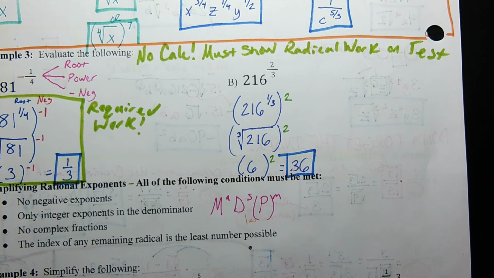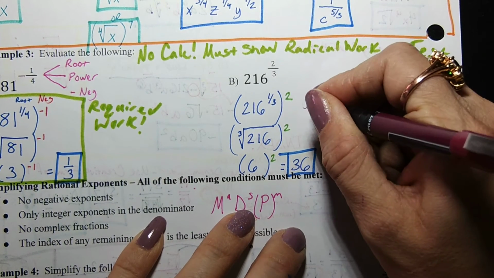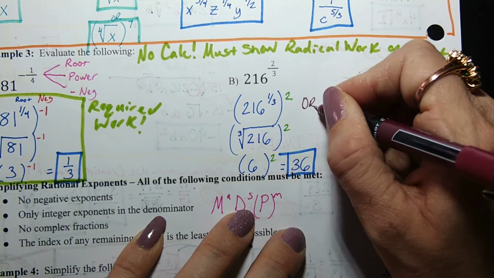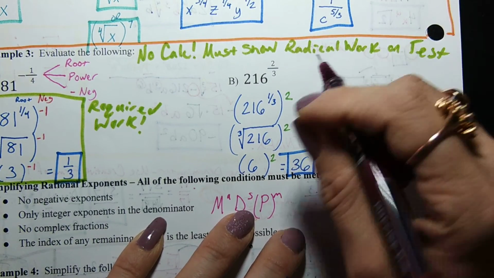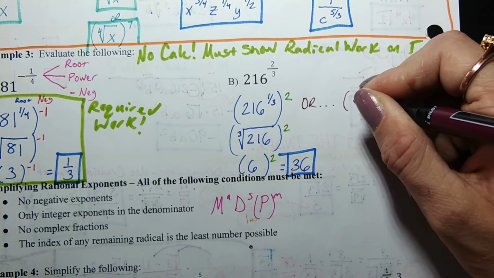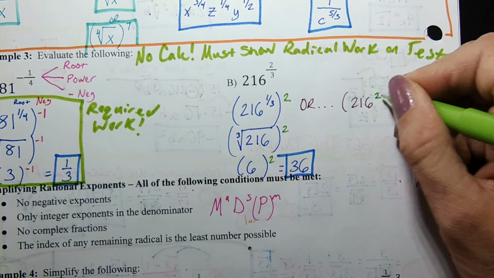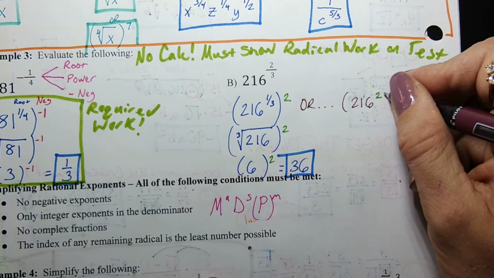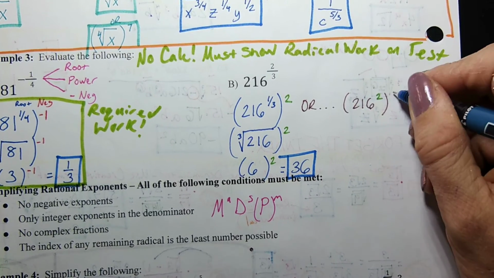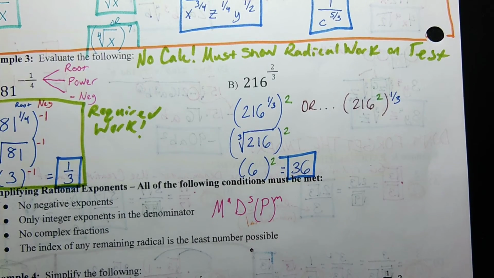Now there are other ways we could break up the power. So I want you to write, what if instead of 216 to the 1/3, I did 216 squared raised to the 1/3? Does this give me the same thing I started with?